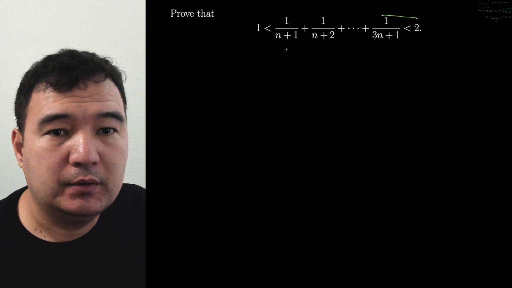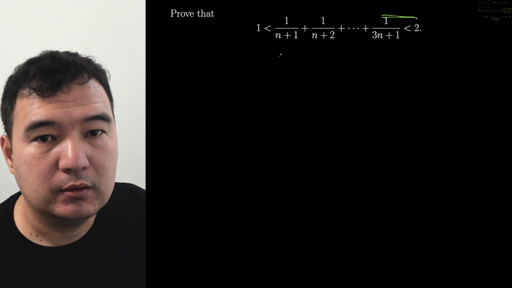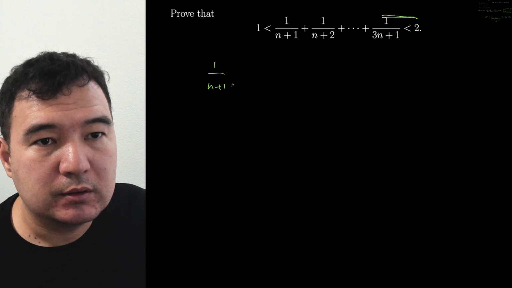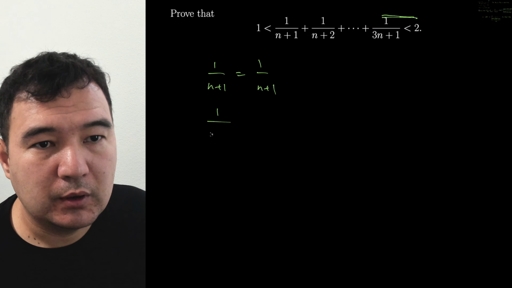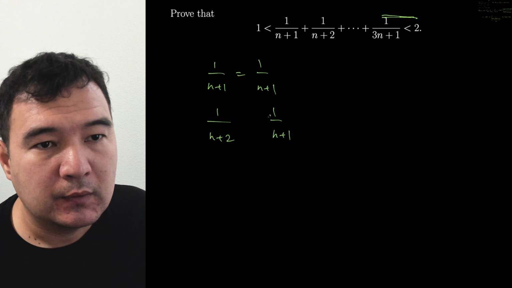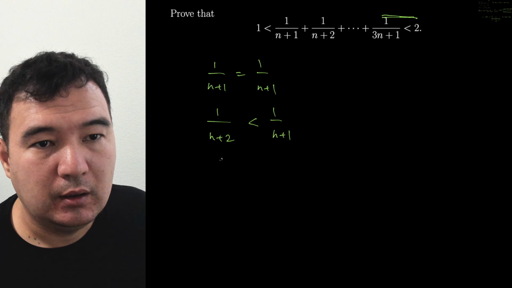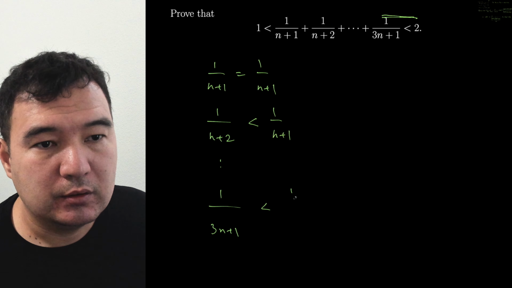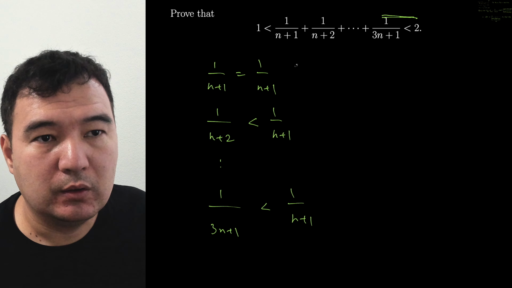And for the second part of the inequality, there is no need to use induction. We will just increase the numbers. How about if I compare 1 over n plus 2 with 1 over n plus 1? Since the denominator is less, this one is going to be greater, right? And so on. If I do this for all of these numbers, all of these numbers are less than 1 over n plus 1.